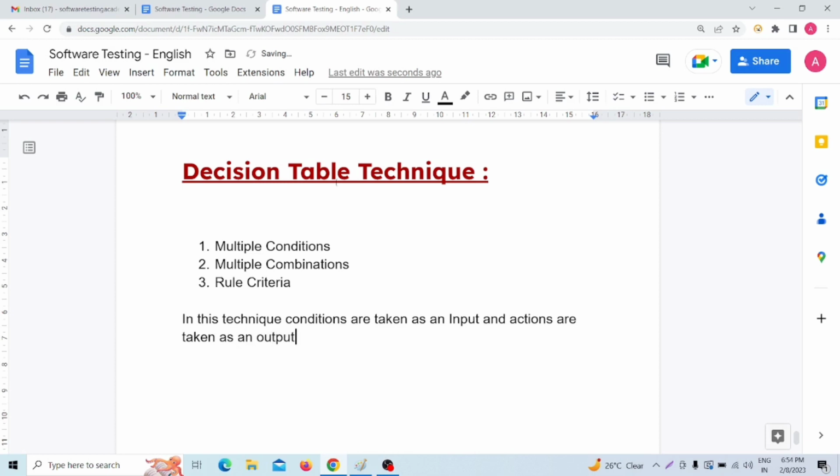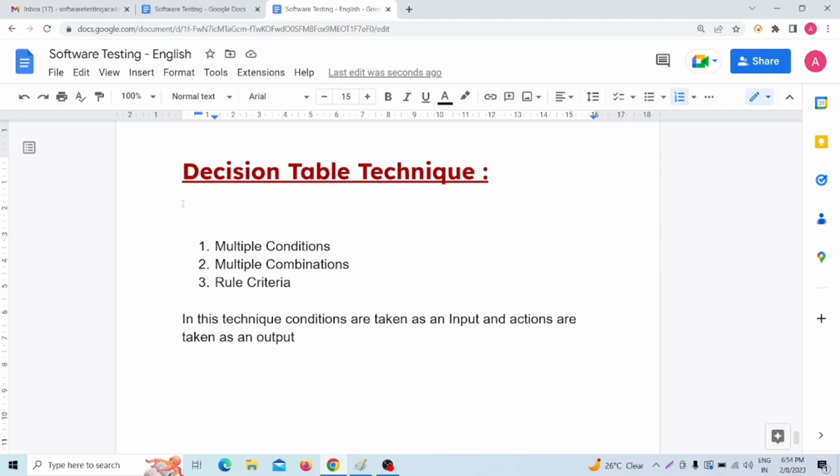So basically in the decision table technique we test multiple conditions, multiple combinations and rule criteria. It is totally based on multiple conditions, combinations and rule criteria.